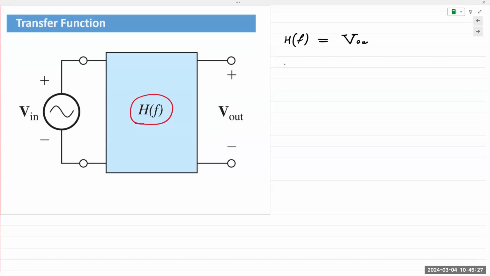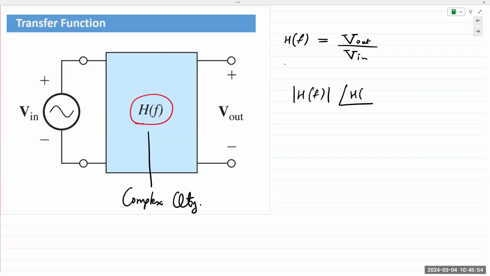And so it is a ratio of the output voltage to the input voltage, Vout over Vin. And if you look at it carefully, it is the phasor for Vout and the phasor for Vin. And so H of f is a complex quantity. It has magnitude and it has phase. It doesn't have any units because it's a ratio of voltages.